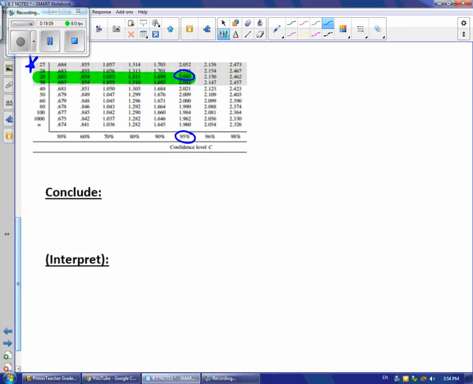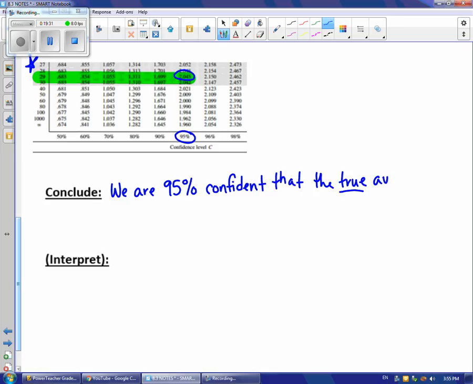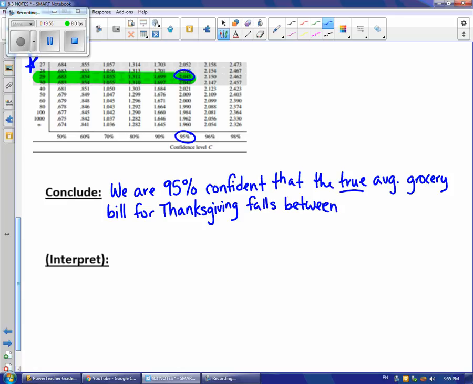I am 95% confident that the true or actual average grocery bill for Thanksgiving falls between, and then I'm just going to state the interval I calculated in my do. And since we're talking about money, we can add the money in there.